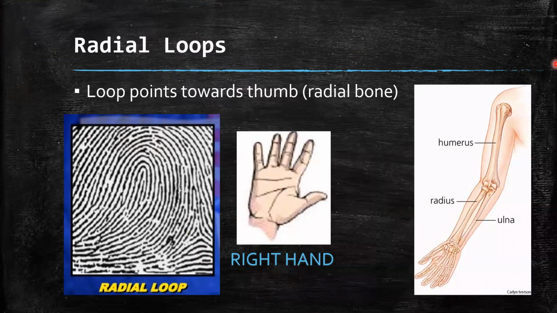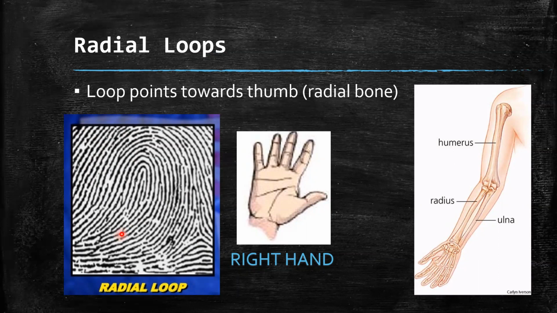So you have to consider which hand and orientation of your hand when you're considering what loop is what. So if you actually take your right hand and look at your palm face up like in the picture, if you had a radial loop, it would look like the picture presented there. So I have to tell you right or left hand and face up or face down.